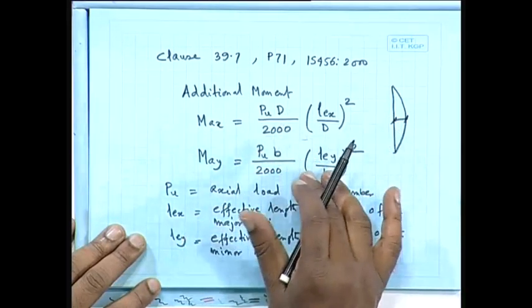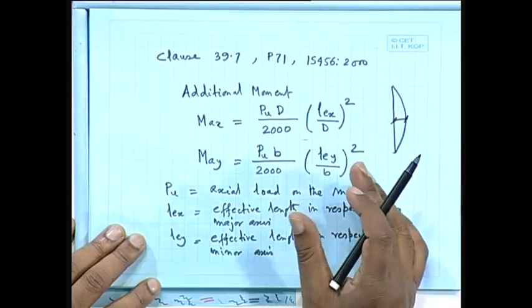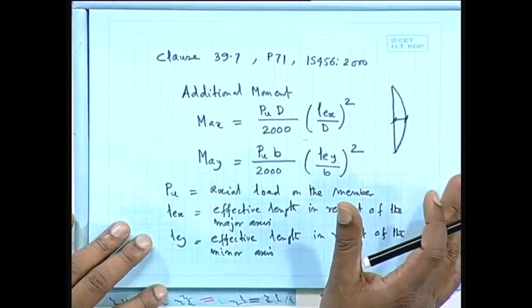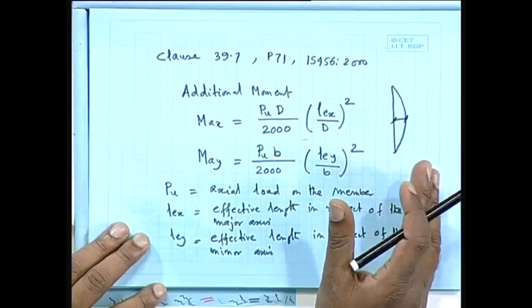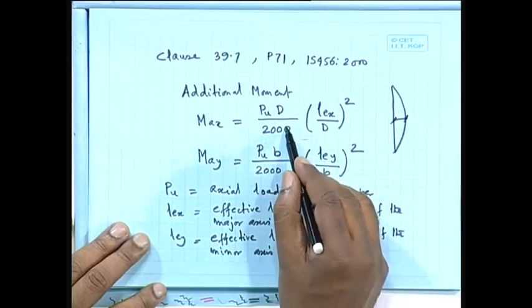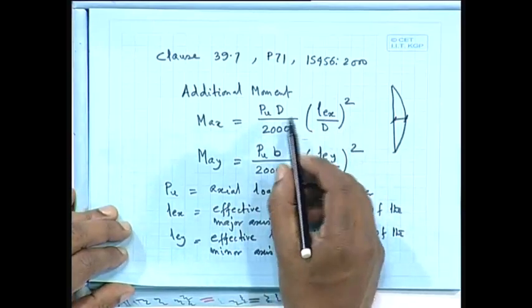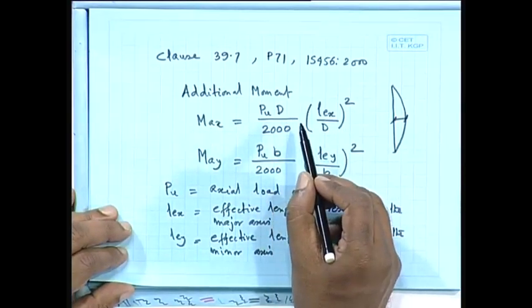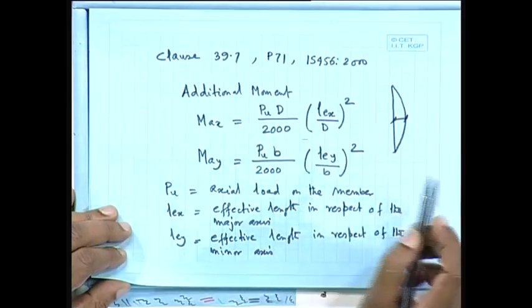But our code says that for a particular case, if it is a hinge condition, then your value will be different. If it is one end fixed, other end hinge, the value will be different. But here our code gives it in this fashion, so that we can take almost equal value in all the maximum possible cases, and we consider this one as a safe design.